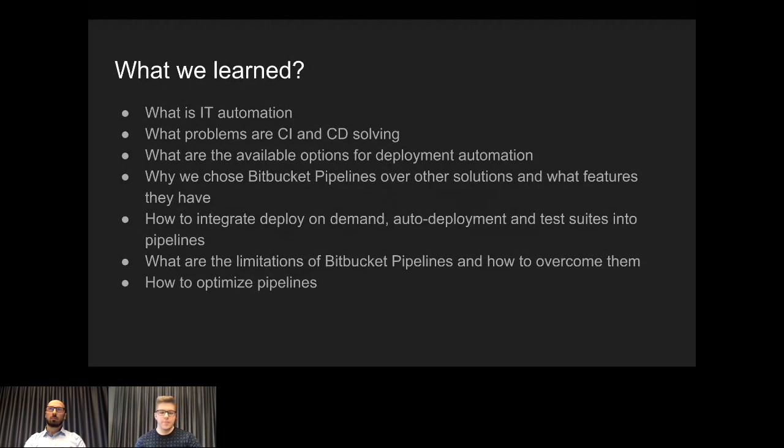We also learned how to integrate deploy on demand, auto deployment, and test suites running into pipelines. What are the limitations of BitBucket pipelines and how to overcome them? For example, the size parameter that you can set to 2x so that pipelines can use more memory. And how to optimize pipelines using caches.